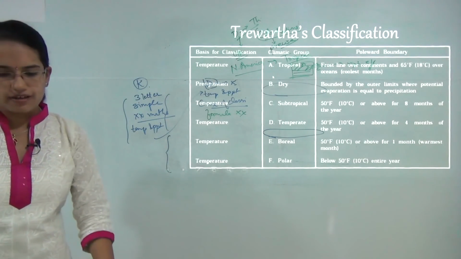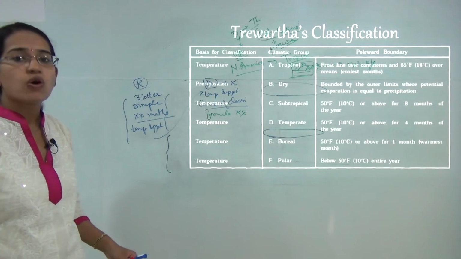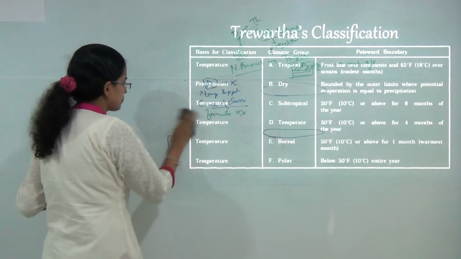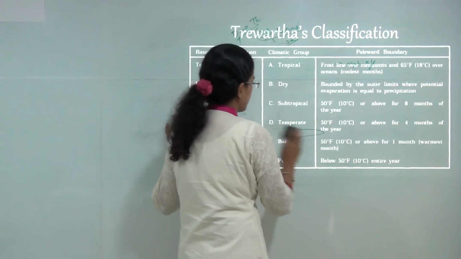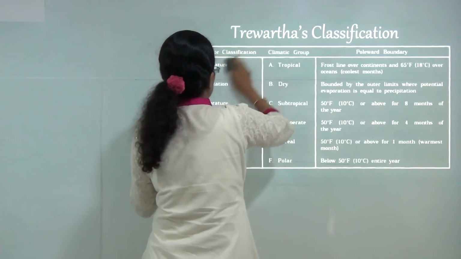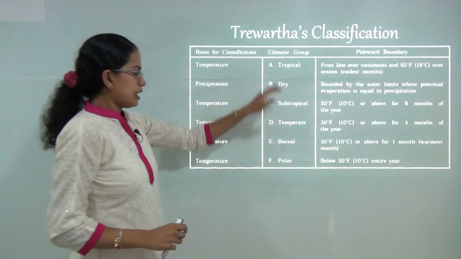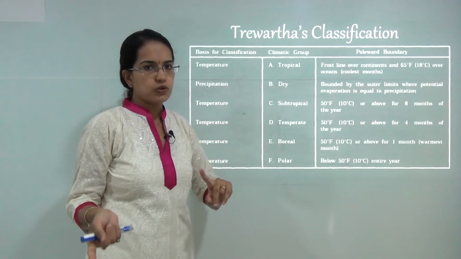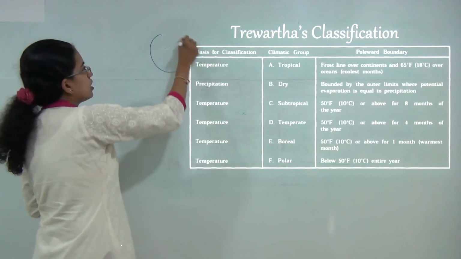Now, finally, you have the Trewartha's classification. Trewartha's classification, as we talked about, involved genetic classification. So, it was based on the cause, and he tried to understand the cause behind the precipitation and the rainfall, the precipitation and the temperature, and he laid down the various sections again marked from A to F, but these were much simpler as compared to Köppen, because these involve the terminologies that were later on used to demarcate Earth.